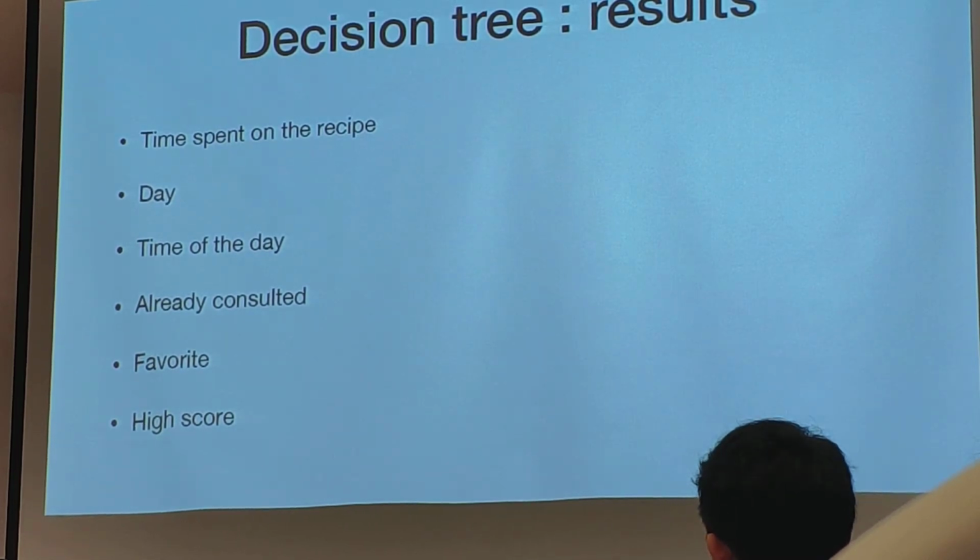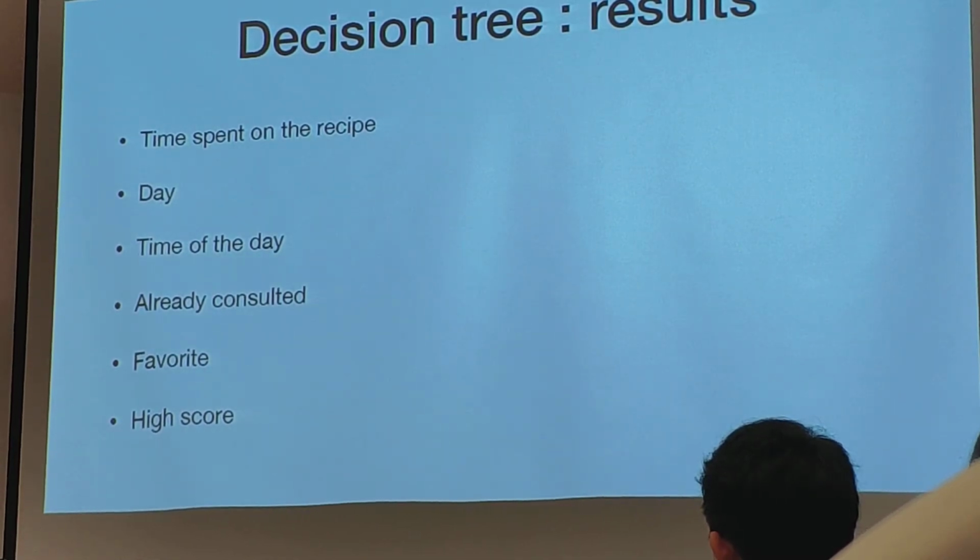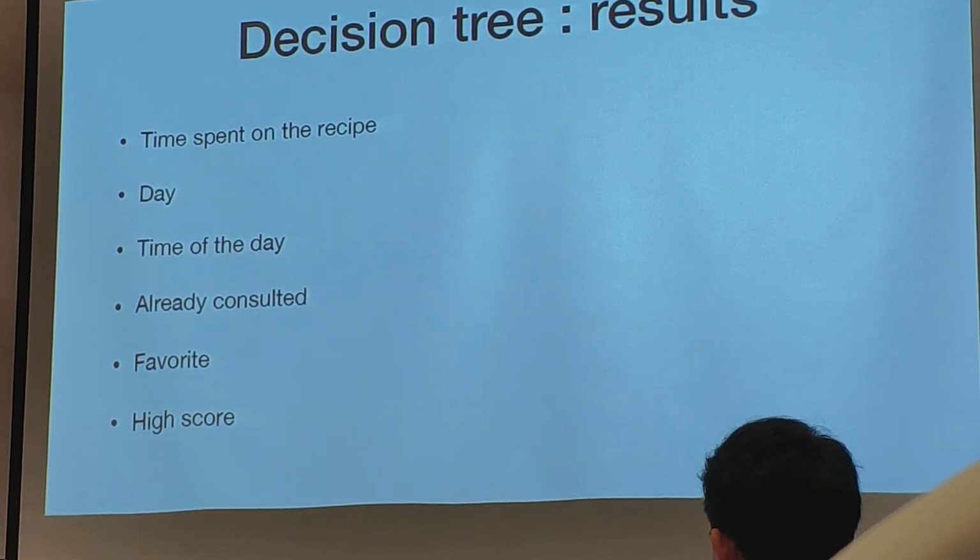The time of the day, if the recipe has been already consulted, the fire rate and the high score and so on. So based on that, okay, we can assume that our machine learning strategies in order to classify users versus visitors can work, okay?